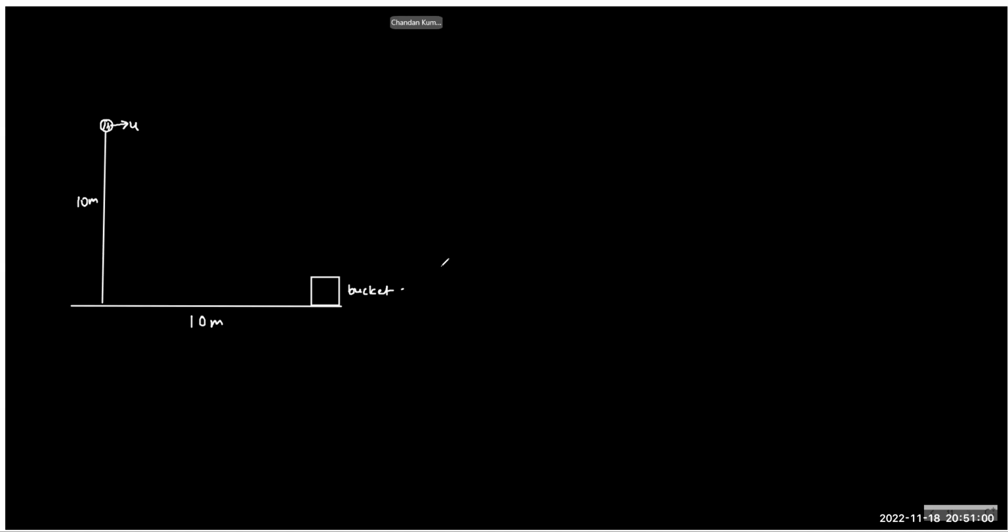Tell me guys, that's very simple. 10 by root 2. Can you tell me the equation which you wrote?